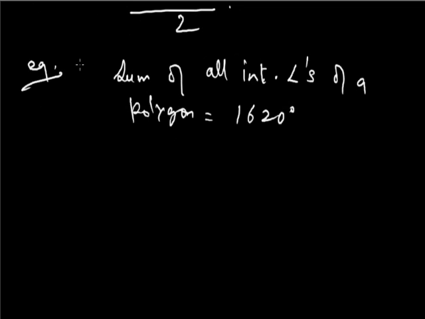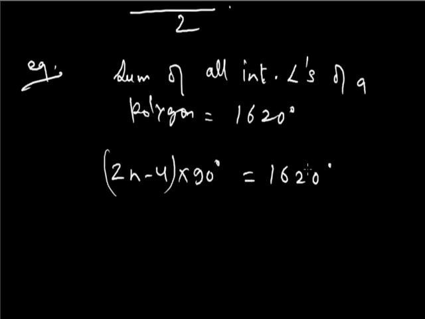By using the direct result, the formula for the sum of all the interior angles of a polygon of n sides, suppose that polygon has n sides, then the sum of its interior angles is 2n minus 4 multiplied by 90 degrees, and it is given as equal to 1620 degrees. Then by equating these two terms, we will get 2n minus 4.